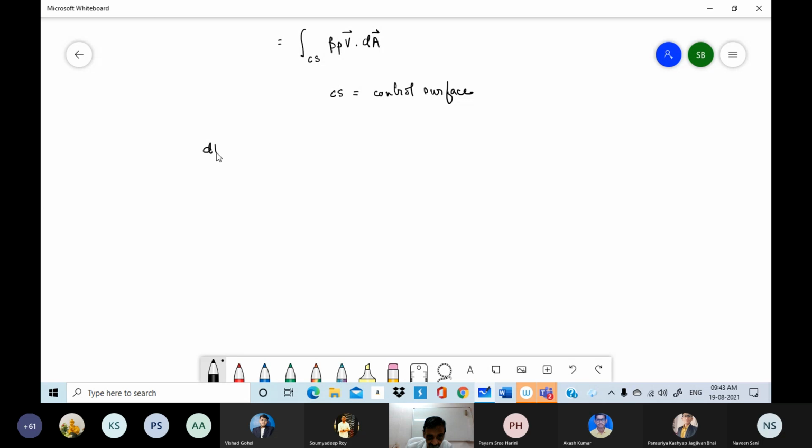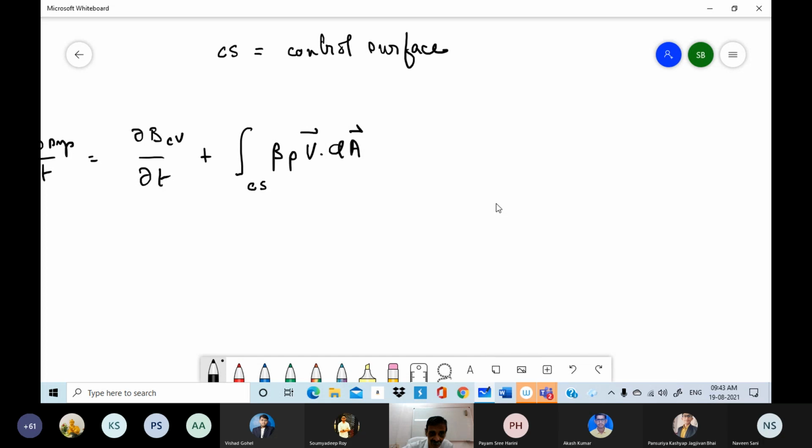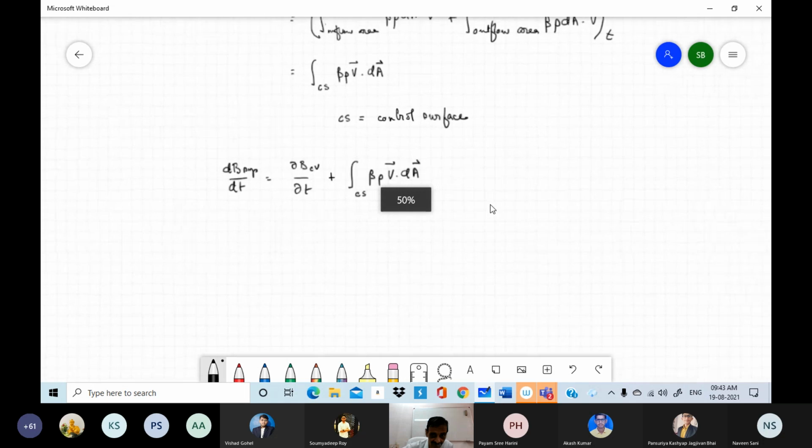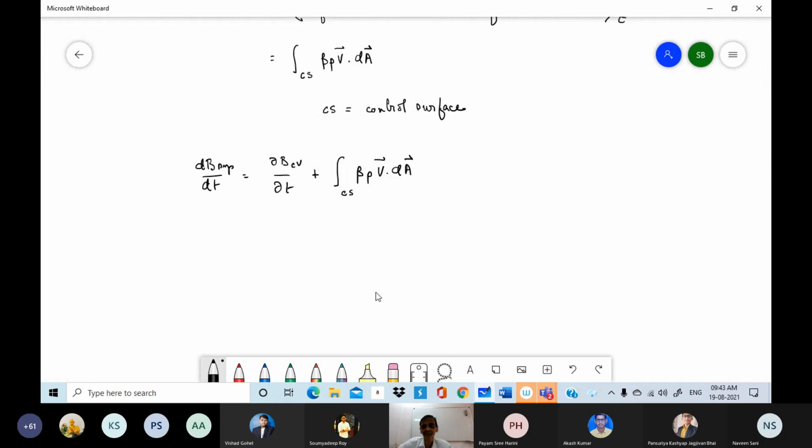So dB system by dt tells me how the rate of change of a property for a system is related to the rate of change of property for a control volume.